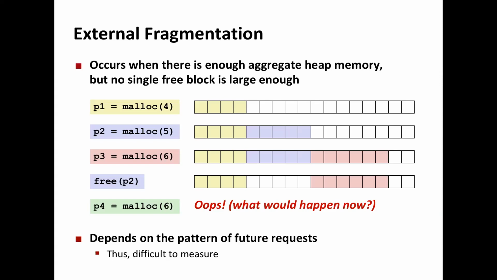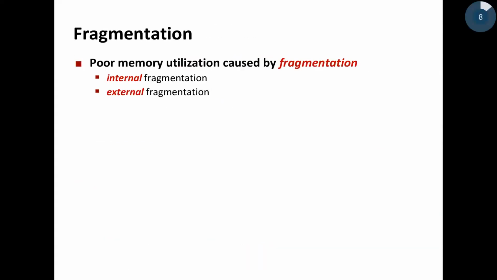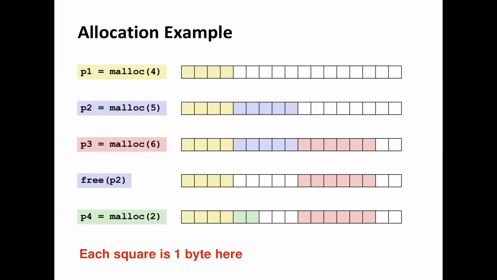In the previous example, when we allocated 2 bytes at the very end, what do we do with this free block of 5 bytes? There are different strategies. Maybe we can dedicate the entire 5-byte block to this 2-byte payload, but maybe we should split this free block into multiple pieces and keep the remaining free block in the free list.